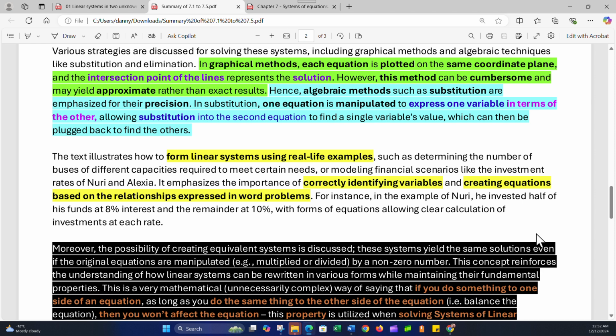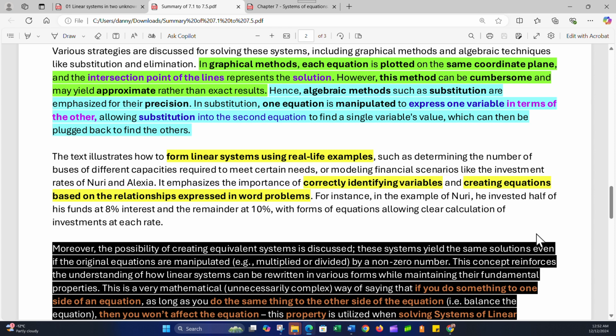This textbook also showed us how to form linear systems using real-life examples, like determining the number of buses of different capacities required to meet certain needs, where the small buses had a capacity of 12, the large buses had a capacity of 24, the total capacity is 780, and there were 20 more small buses than large buses.